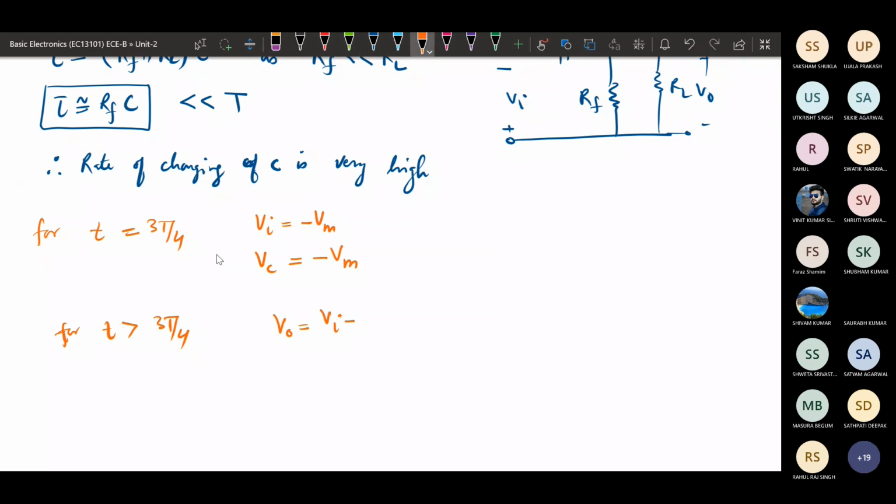That will be V input minus Vc, but the Vc is minus Vm, so V input plus Vm will be the output beyond this 3T by 4 time period.